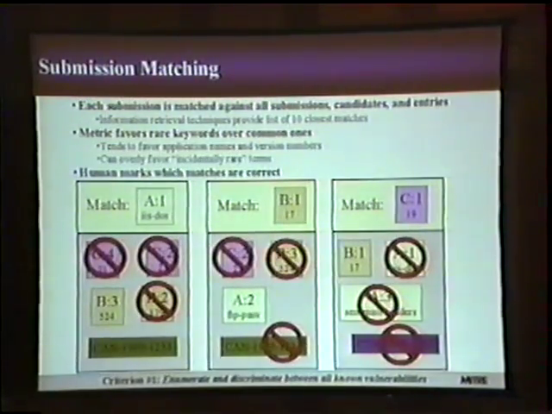Due to the way the algorithm works, when you're looking at one submission, let's say you're looking at submission B1 here, that might show up in the top 10 matches for submission C1, as you see in the box on the right-hand side. But the converse isn't necessarily true. C1 wouldn't necessarily always show up in the top 10 closest matches for B1.